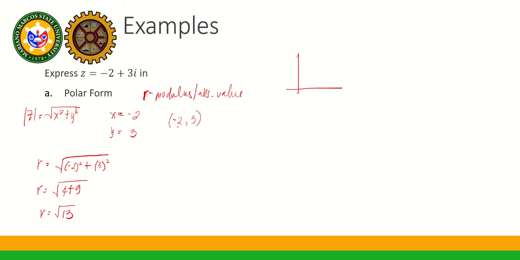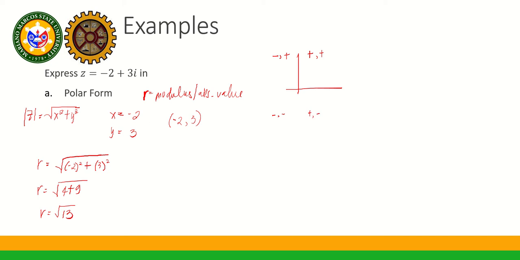These are our points. Since our x is negative, obviously, nasa anong quadrant tayo? Nasa second quadrant, because second quadrant has a negative x and positive y. In the first quadrant naman, they are both positive. Third quadrant, they are both negative. And sa fourth quadrant naman, our x is positive while our y is negative.